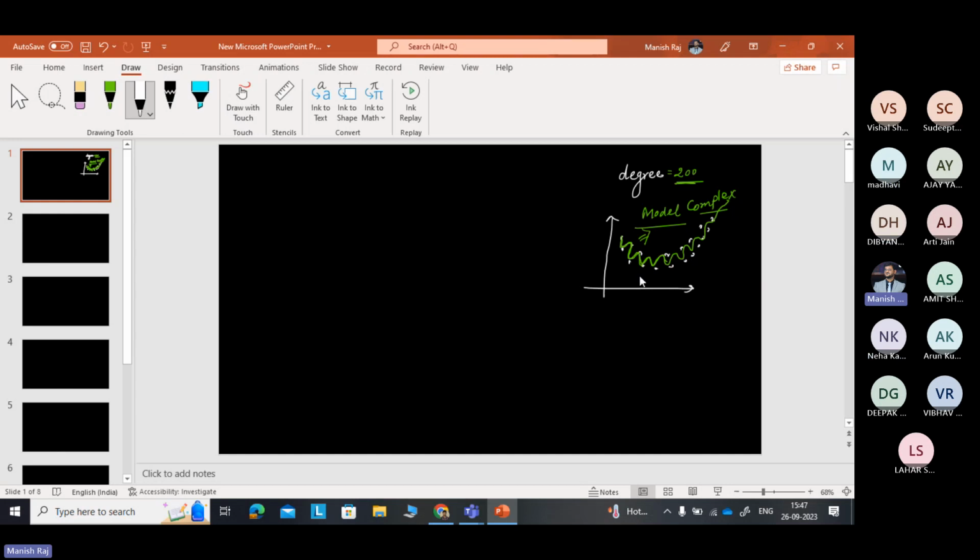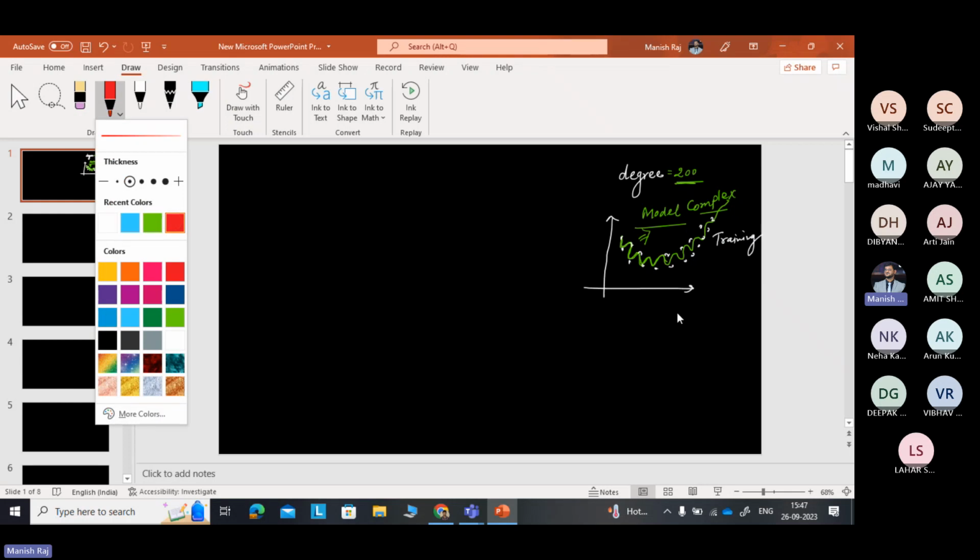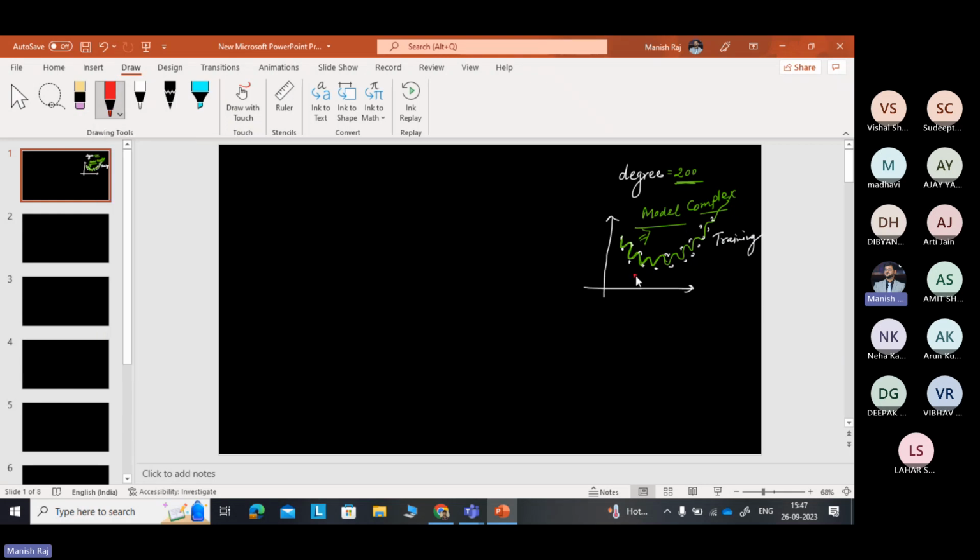At this time, if you go for testing, the points I have drawn here are the training points. Now, if I take data as testing points, some data here, some here, some here, and if you want to capture the pattern with this data, the error will be more.